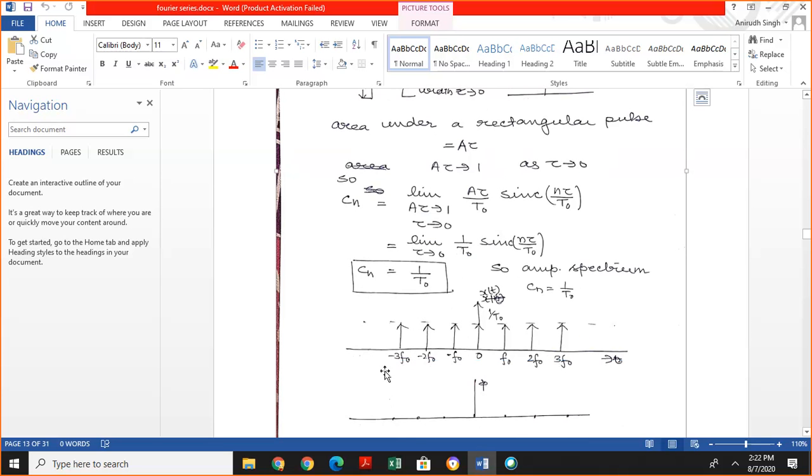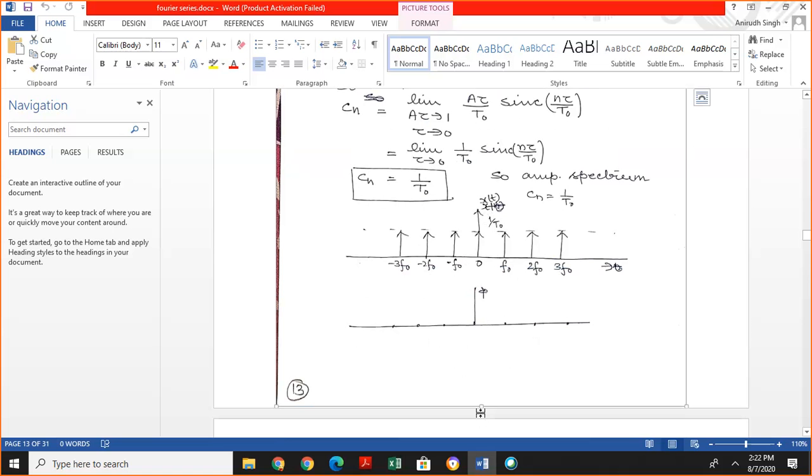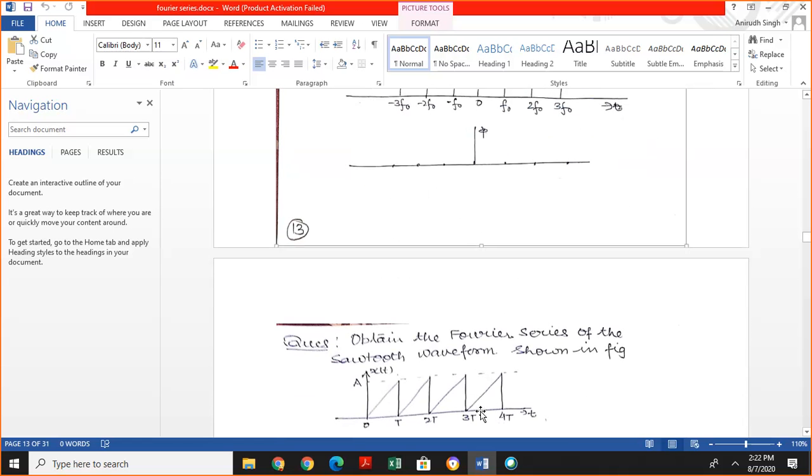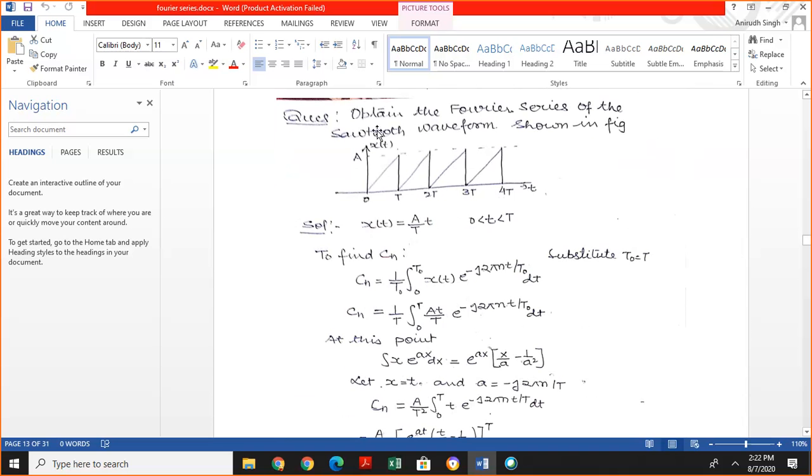So the amplitude spectrum is drawn by this figure, the magnitude is 1 by T naught, and the phase is 0. This equation is solved on the basis of the previous question.